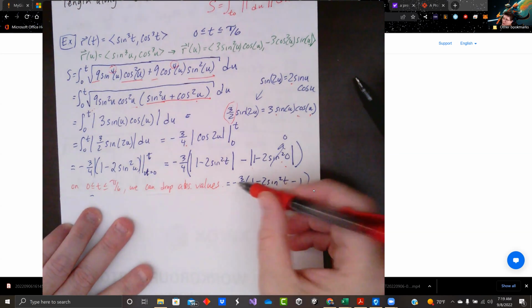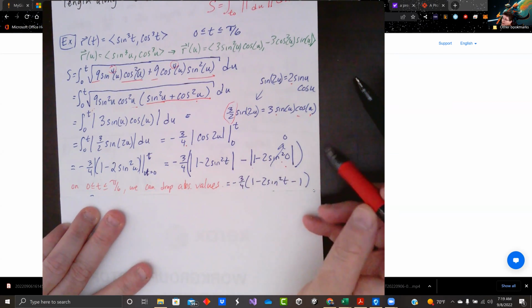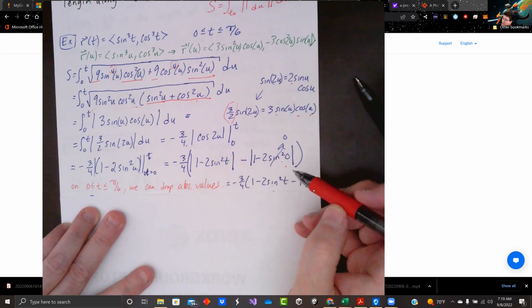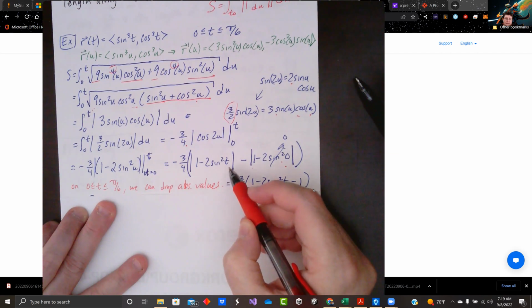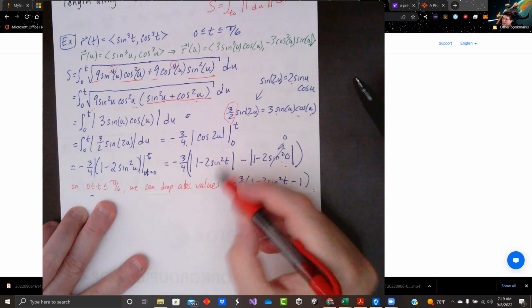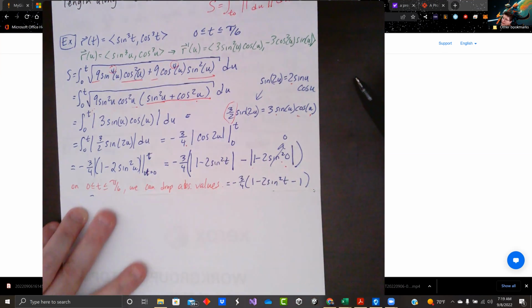But since everything is positive here, we can drop the absolute values. And, oh, that's why. Pi over 6 matters. When we plug in sine of pi over 6, it's 1/2. And this is keeping this positive in here. We can keep it positive.